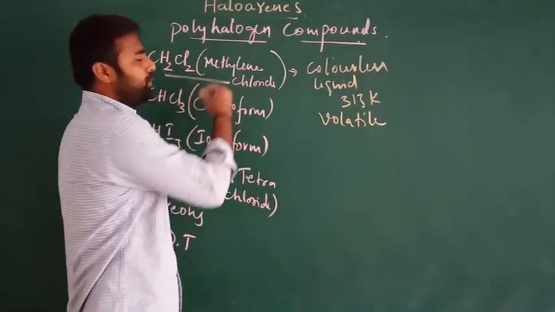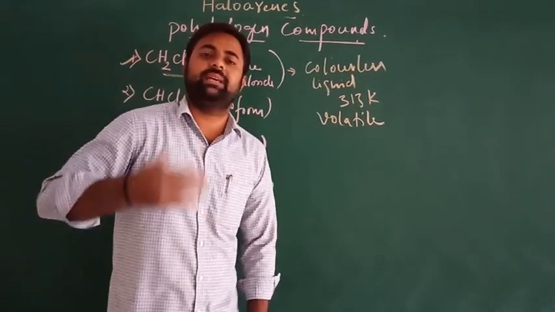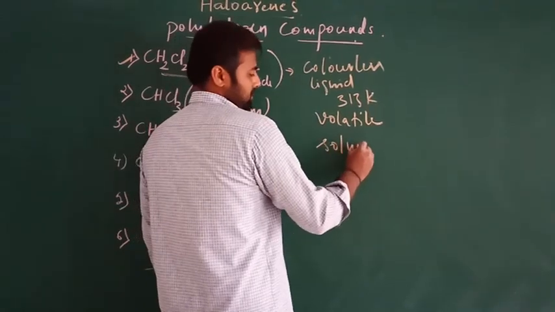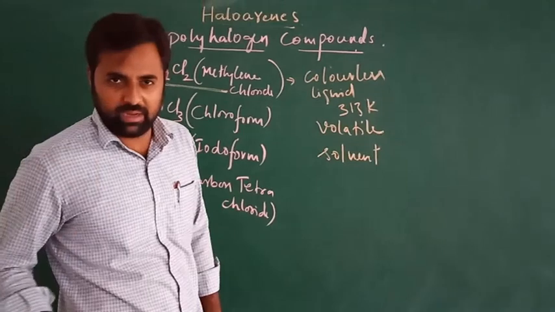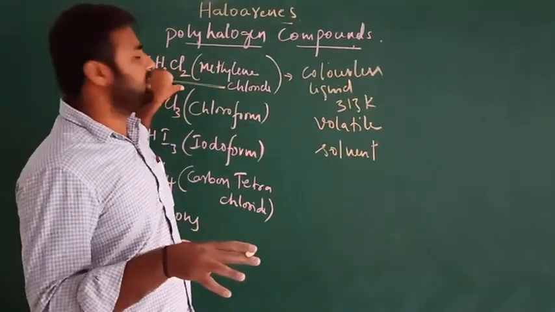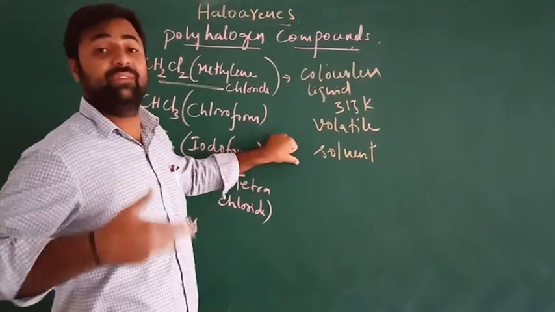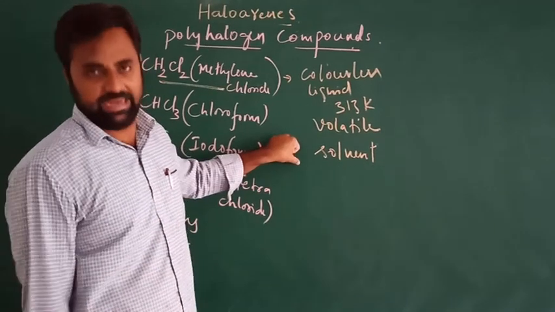And the uses of this compound: this compound is mainly used as a solvent. Solvent for what? For paint removing and metal cleaning. And this compound is also used as a dewaxing agent and also as a refrigerant in refrigerators.